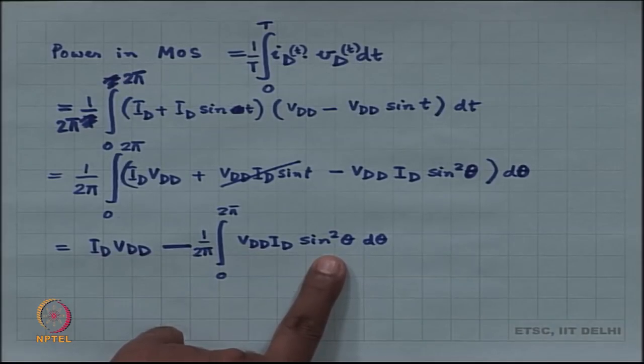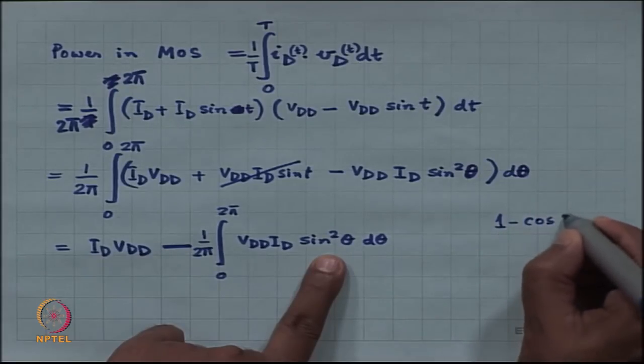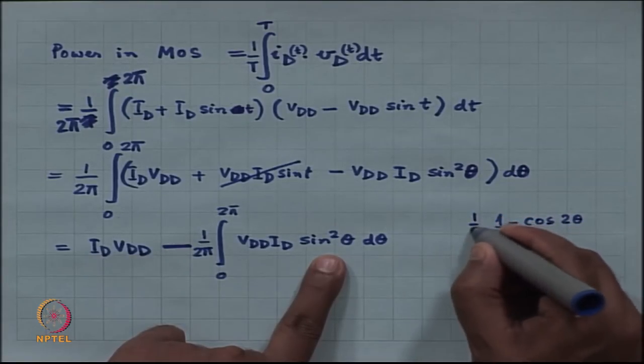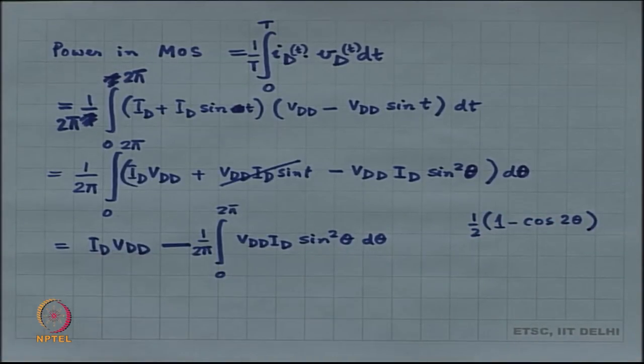How do you do that? 1 minus cos 2 theta by 2 is sine squared theta.